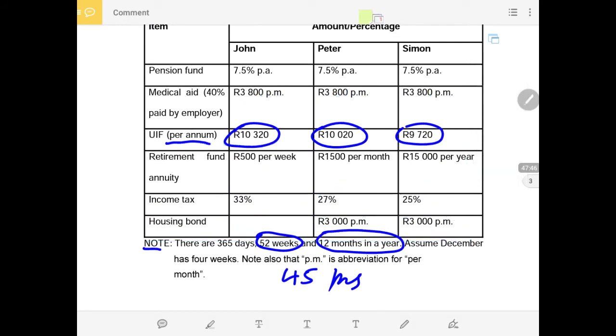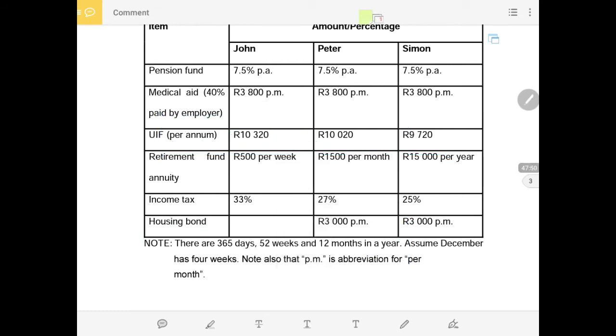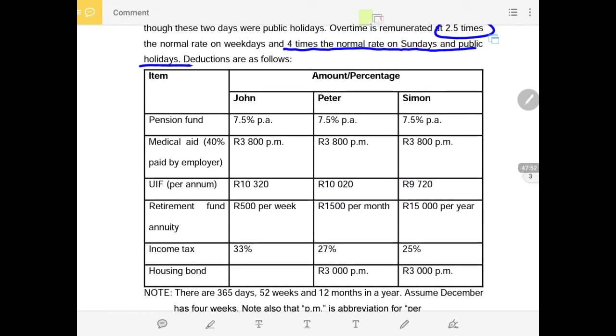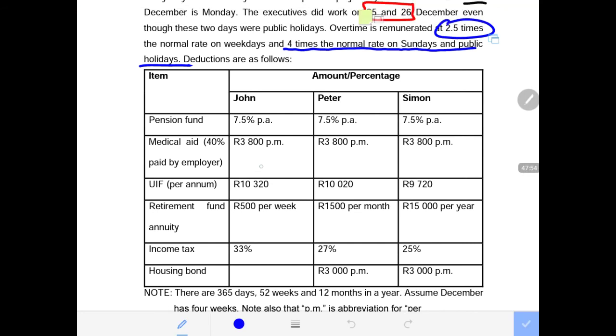And I want to highlight the fact that there is a portion in one expense which was contributed by the employer, which is the 40% by the employer. We also know that when you come to UIF, the employer also contributes the same percentage, but it's not specified in this case.